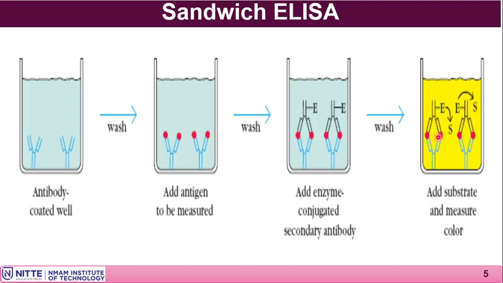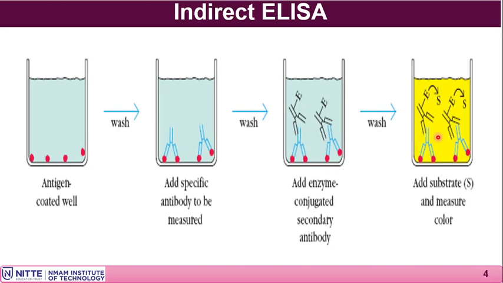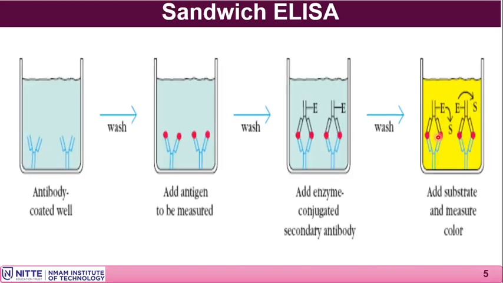Once again, the indirect ELISA as well as sandwich ELISA, both these techniques are used for the detection of allergic antibodies or allergic antigens in the patient's serum, to detect various different types of allergens and to find a remedy for the person suffering from allergic reaction.